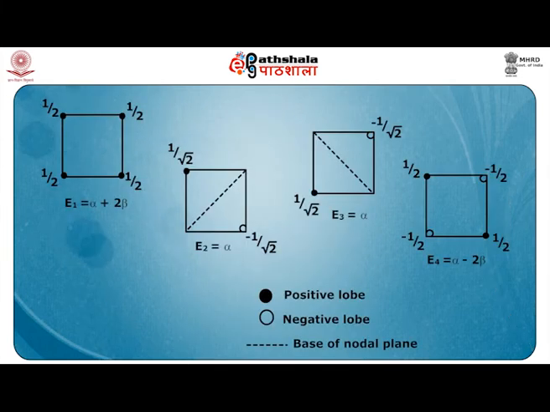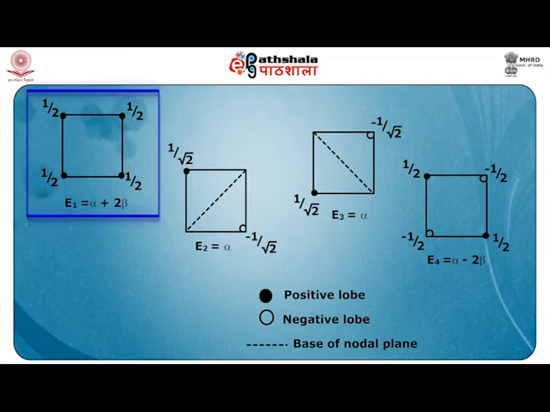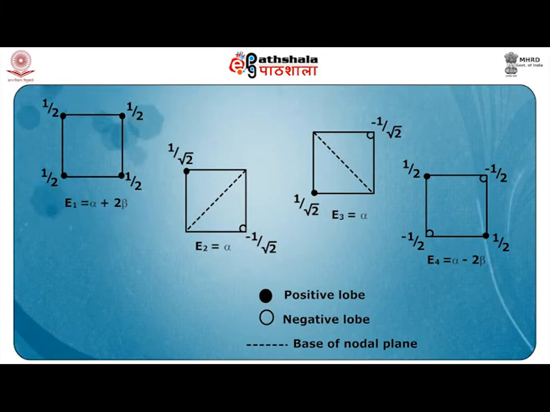Now here we are representing a pictorial representation of these 4 Huckel molecular orbitals for cyclobutadiene. And you can see very well that for the first molecular orbital with energy alpha plus 2 beta, the values of the 4 coefficients are given and the lobe is positive, because all the coefficients are positive.